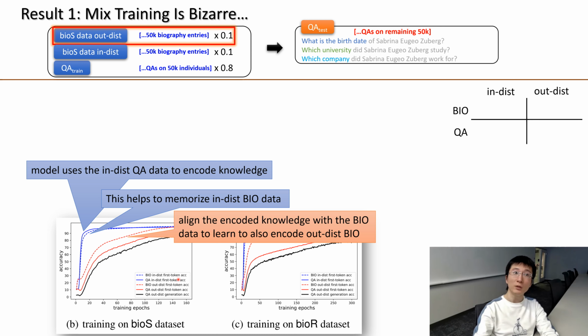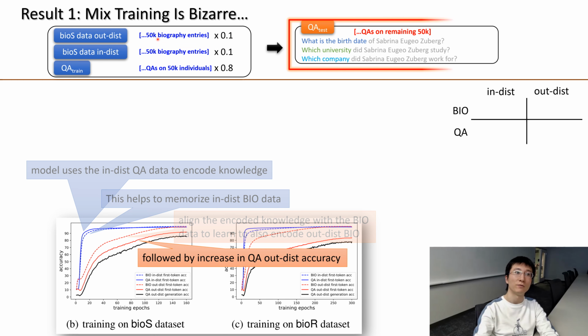Only after a long period of time does the model learn to align the encoded knowledge with the bio data to also encode out-of-distribution bio. So the out-of-distribution bio accuracy actually increases much, much later. And this is finally followed by the increase of the QA out-of-distribution accuracy, or the test accuracy, in other words.